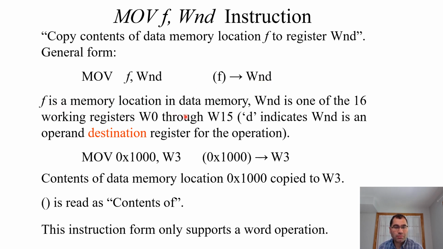F is, again, like we said multiple times by now, the memory location in the data memory, and WND is one of the working registers, W0 to W15. D indicates the destination. So if we have something like this, what that means is basically copy the content of this memory location into this working register, W3.